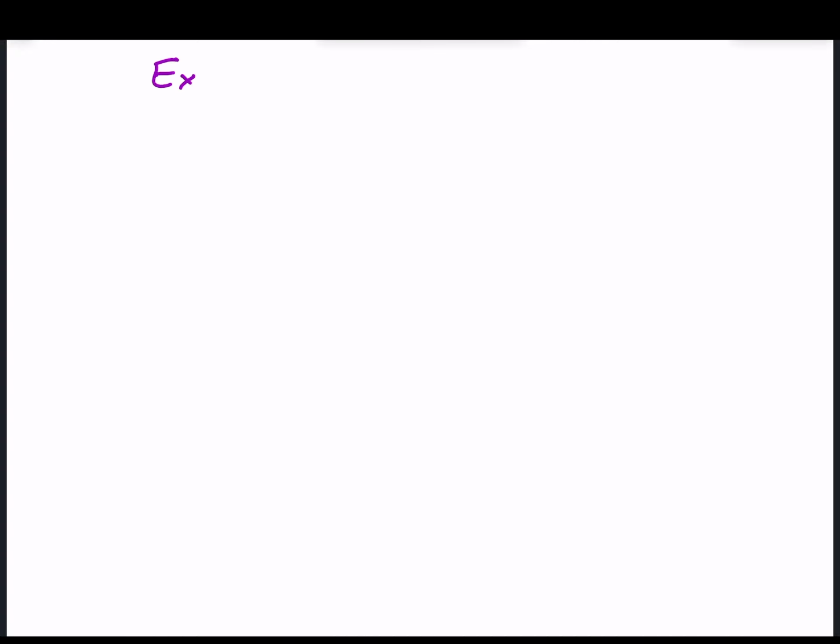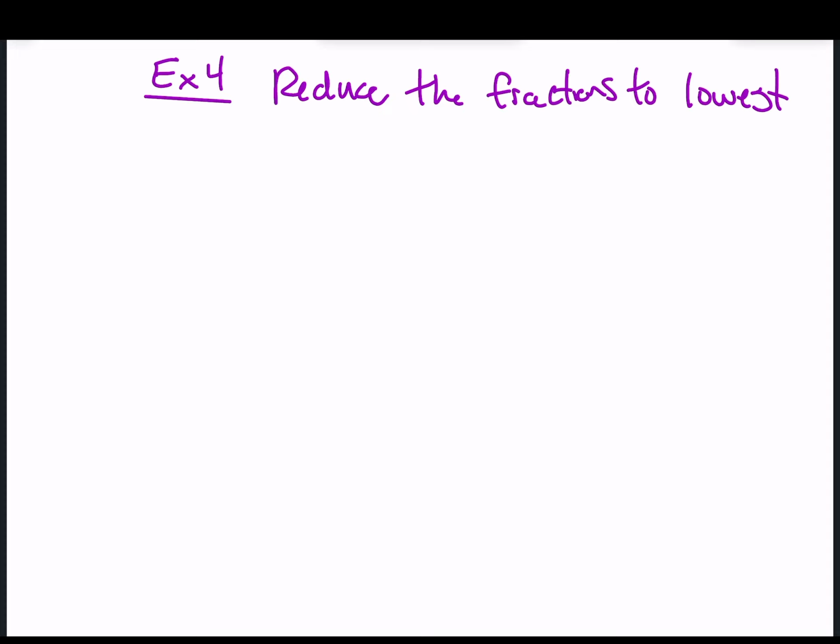All right, example 4. We want to reduce the fractions to lowest terms. So our first one is 10 over 15. So we want to do the prime factorization of numerator and denominator.